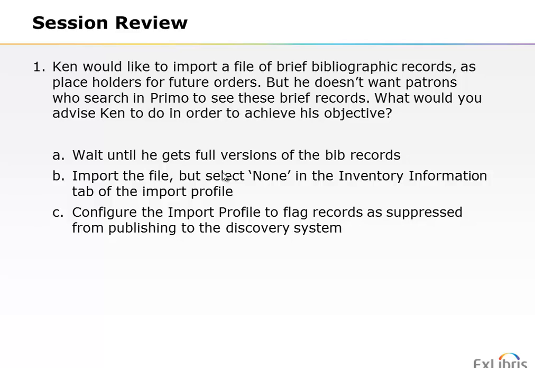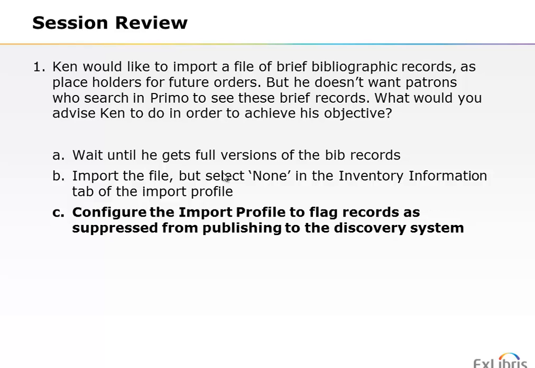Import the file, but select None in the Inventory Information tab of the import profile. Or 3. Configure the import profile to flag records as suppressed from publishing to the discovery system. The correct answer to this question is C. Configure the import profile to flag records as suppressed from publishing to the discovery system.